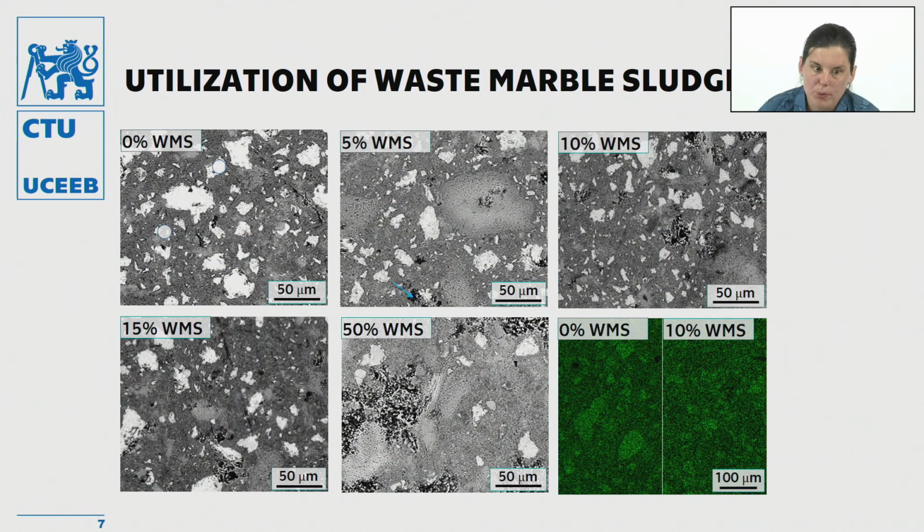When you compare this image where no waste marble sludge was added, and the image of 15% addition of waste marble sludge, you can see that, if I say it in a very primitive way, there are fewer shiny spots in the images, which means a better hydration reaction of the clinker. And so it can be concluded that waste marble sludge improves the hydration of the clinker, and it appears to be a promising material. It could be processed this way.